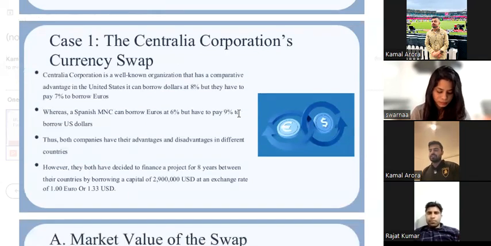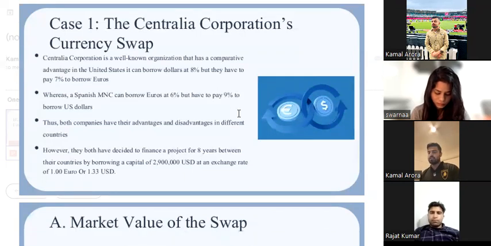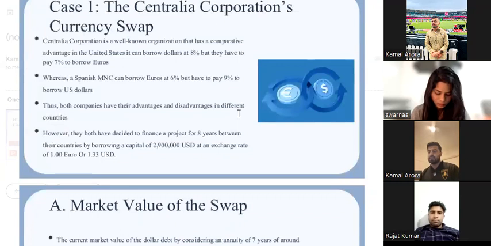Both companies have their advantages and disadvantages in different countries. However, they both have decided to finance a project for 8 years between their countries by borrowing a capital of 29 lakh USD at an exchange rate of 1.0 euro or 1.33 USD.